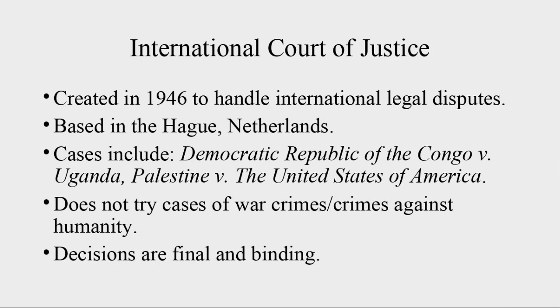If you look at your cell phone or your laptop, there is a mineral found in both of those that comes from countries like the Democratic Republic of the Congo. Ugandan soldiers have been accused of illegally mining the minerals and selling them on the global market. So Congo sued the country and said, "You've been stealing our resources." And Uganda was eventually forced to pay some settlement money and agree to stop doing this.